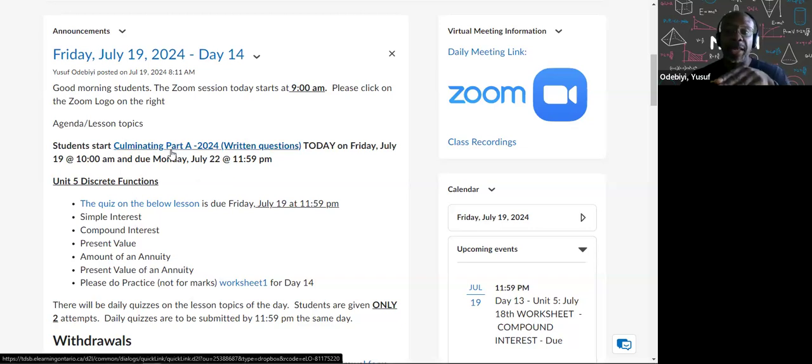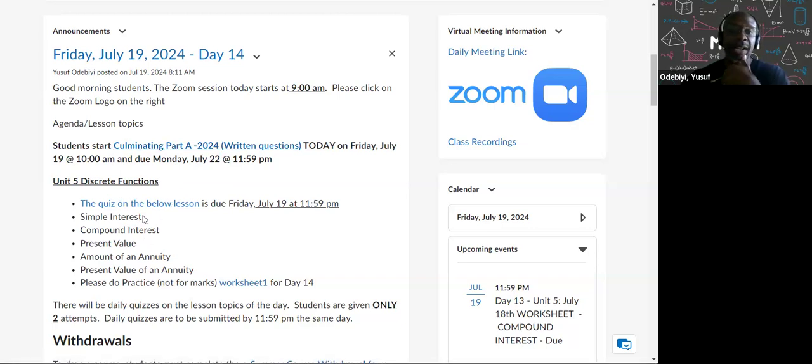But before you work on that, I started the lesson yesterday where I talked about simple interest and compound interest, right? So I need to talk about present value. And today I have to talk about present value in annuities and present value of an annuity. I think the worksheet yesterday will cover all this.